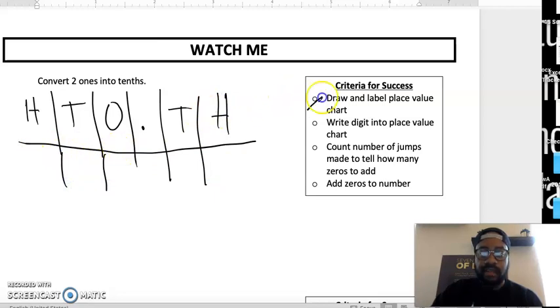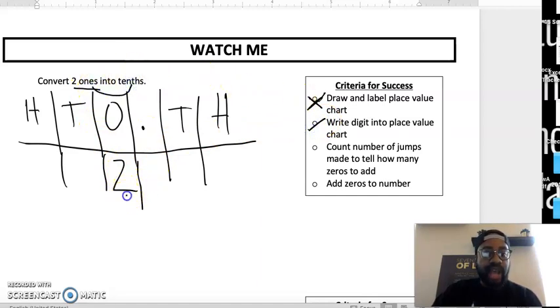The next step says write the digit into the place value chart. So what am I trying to convert? I'm trying to convert 2 ones, so I'm going to write 2 in the ones place. Because I'm trying to change this 2 ones, I put it inside of the place value chart where it belongs.